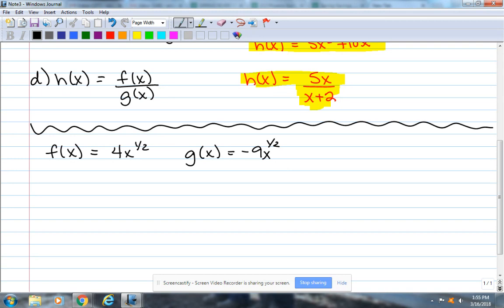So they want us to find two things. First, they want me to do f of x plus g of x. And then they want me to find f of x minus g of x. That's the two things we're going to find for these two.